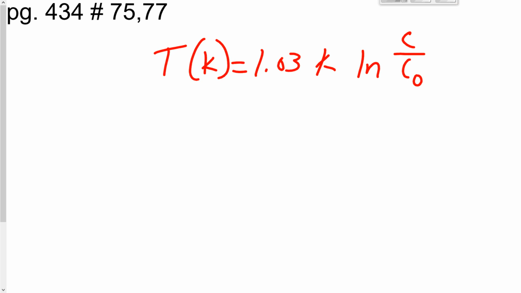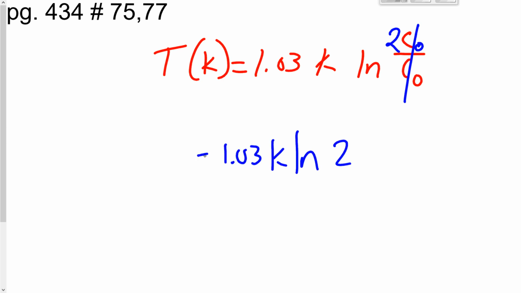So we're going to solve for K here and figure out what our T of K would be. So this is double, so C is 2 times that of C0, so these will cancel, we get 2, so we get ln of 2 times K times 1.03.